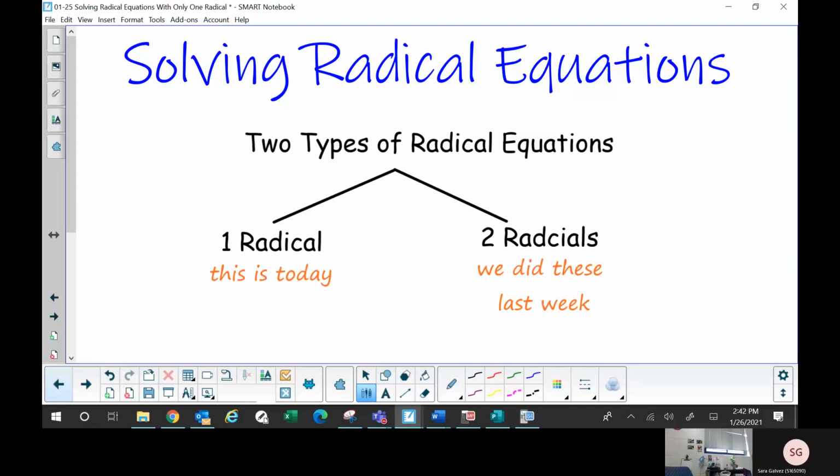You were encouraged to check your answer. When we get to these radical equations, you must check your answer because a lot of times some of the solutions are not going to work. Those are called extraneous solutions, or you could just say no solution. So let's look at an example.